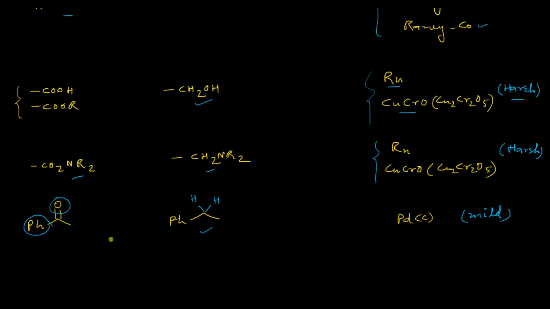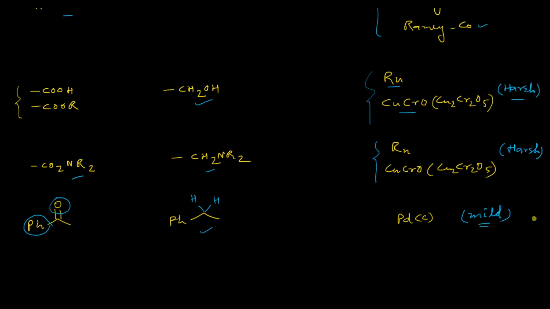Here also this type of reaction is called hydrogenolysis, since this oxygen is no more in the product molecule, that is, carbon oxygen bond breaking is involved, and that's why the term lysis is applied here. So these types of reactions can be carried out by palladium carbon, that is palladium on activated charcoal, in very mild reaction conditions.